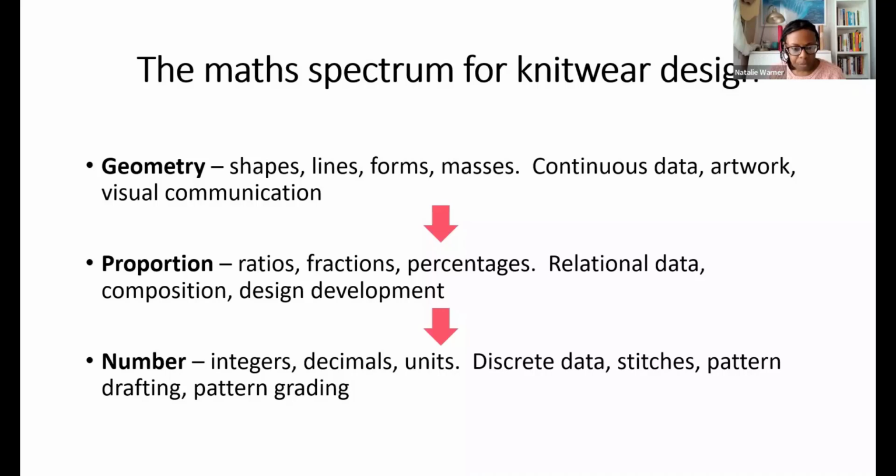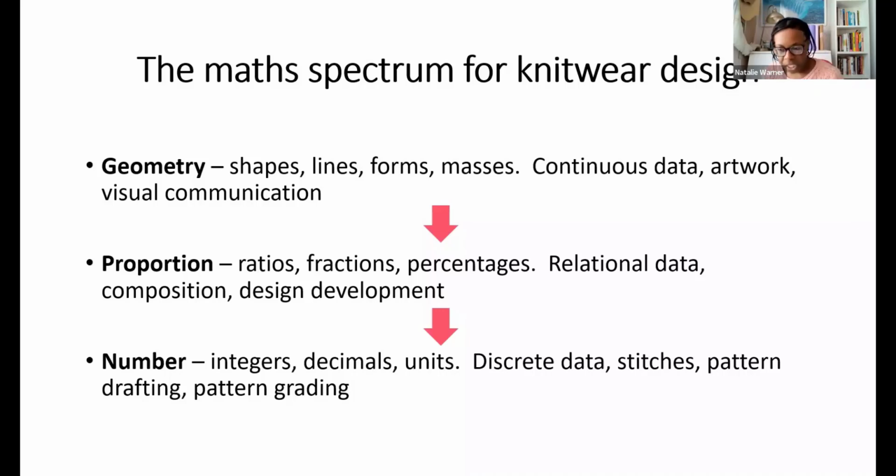So, proportion is what I see as the bridge between geometry and number. Because once you establish relationships between your compositional elements, you can then transcribe them or translate them into discrete units of data.